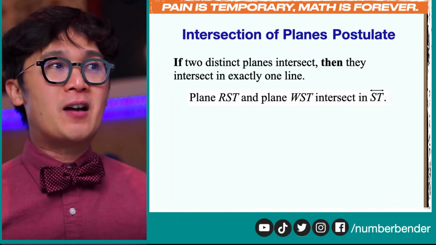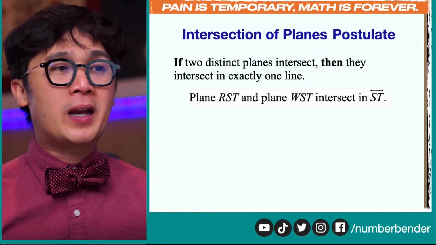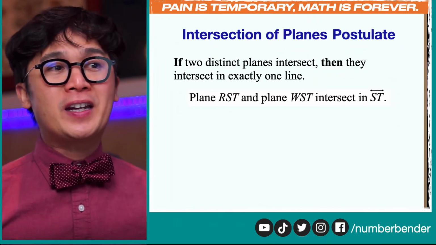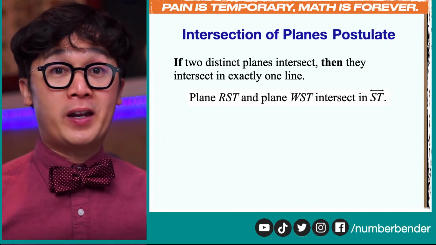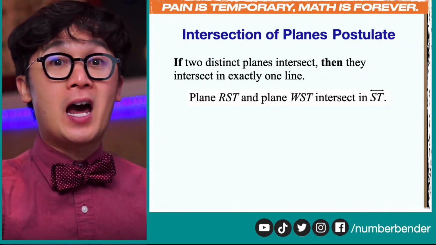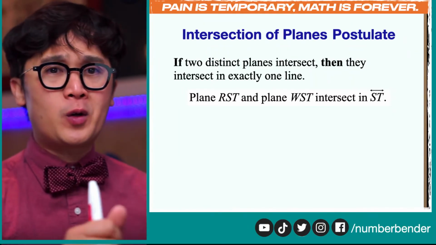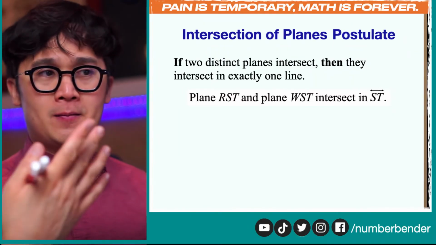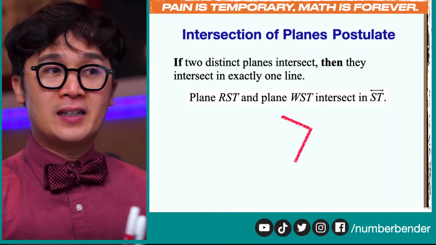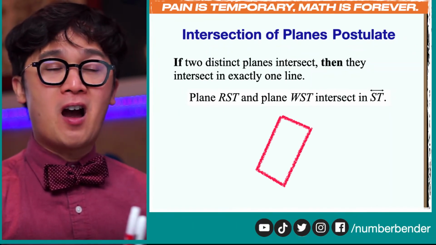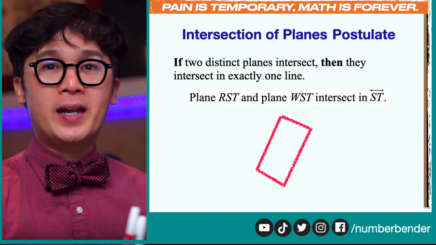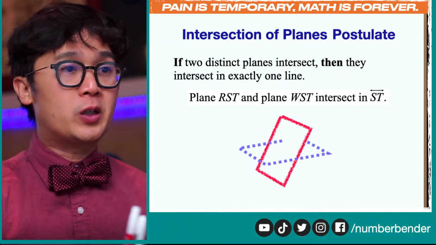So let's say we have plane RST and plane WST. If we intersect those two planes, we'll be able to produce a line this time, and this is line ST. And how are we going to illustrate this description? Let's have the first plane, RST, and the second plane intersecting this would be WST.